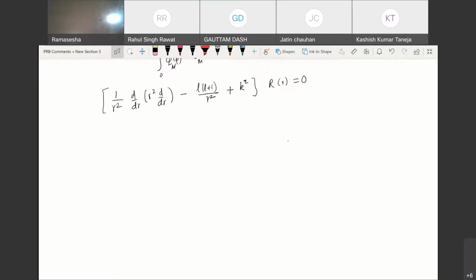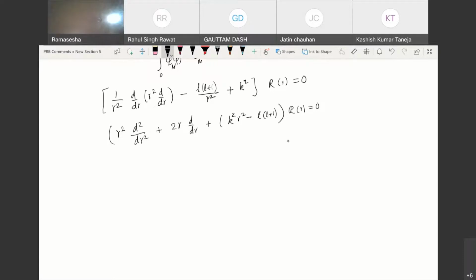So now let us look at the radial part. So I have to write k squared minus ... times R of r.